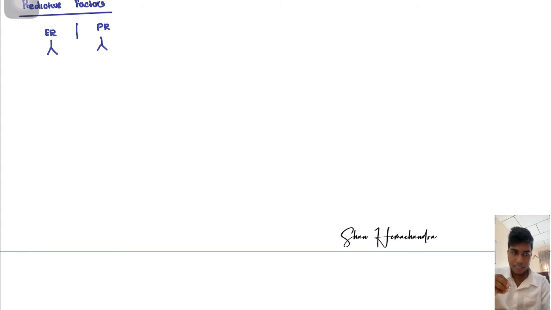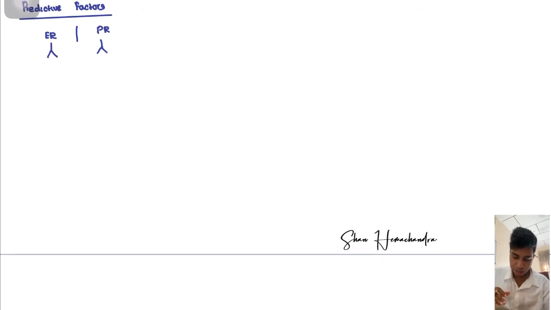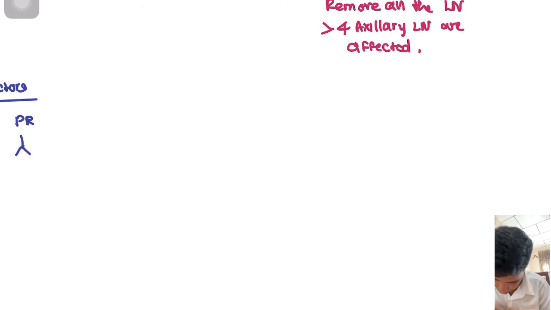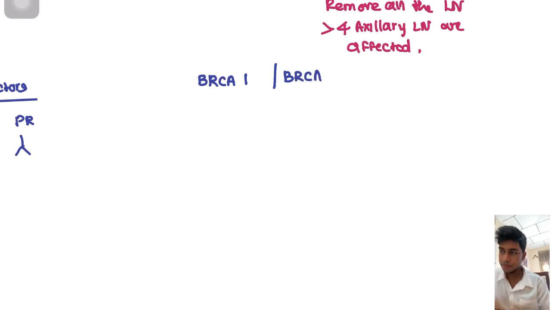What do you mean by that? This is a prophylactic. That is, before the onset of the disease, you take measures to prevent it. Okay, this is a screening process in which you look for the BRCA. Let me write it in the center. BRCA1 or the BRCA2.